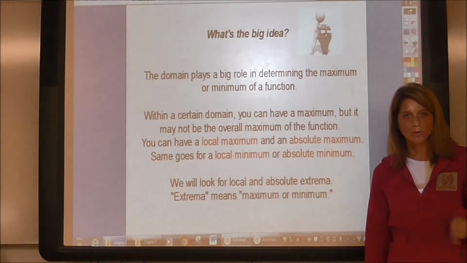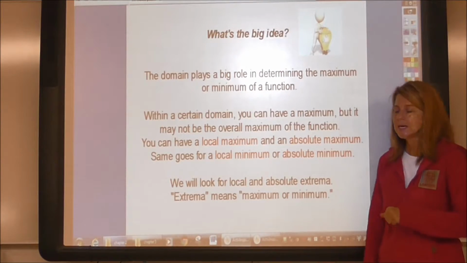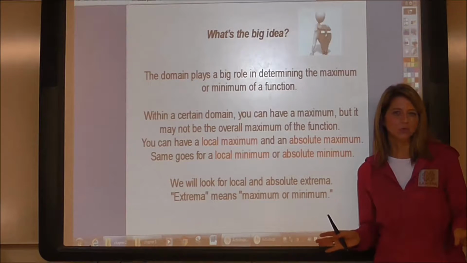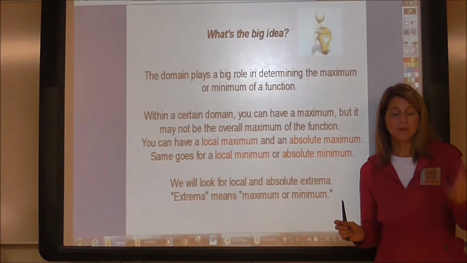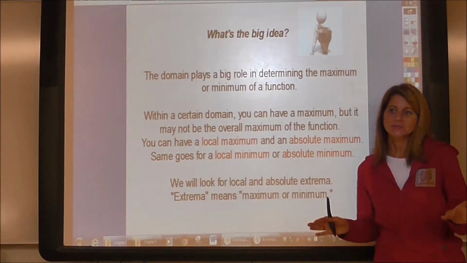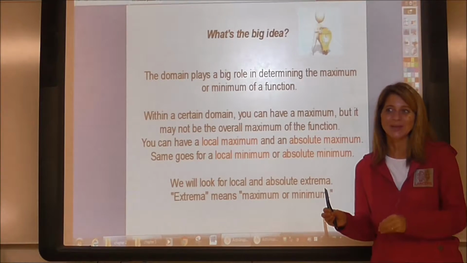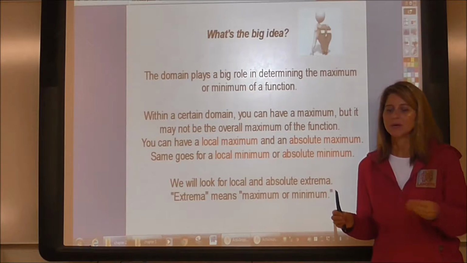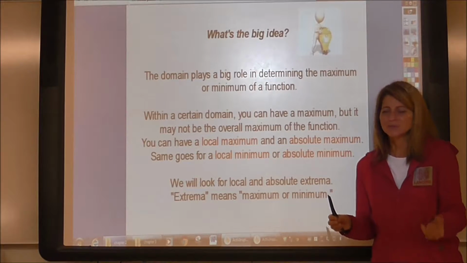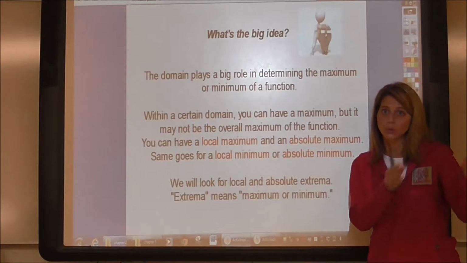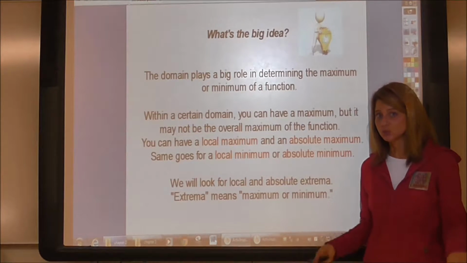If you need to, throw that word back in your notes, extrema. I hope you remember that extrema is just a very general overall word that means a maximum or a minimum. Sometimes we'll ask you for an extrema because we don't want to give you a clue that you're looking for a maximum or a minimum. And sometimes it truly is just a shortcut instead of writing maximums and or minimums, just to say extrema.